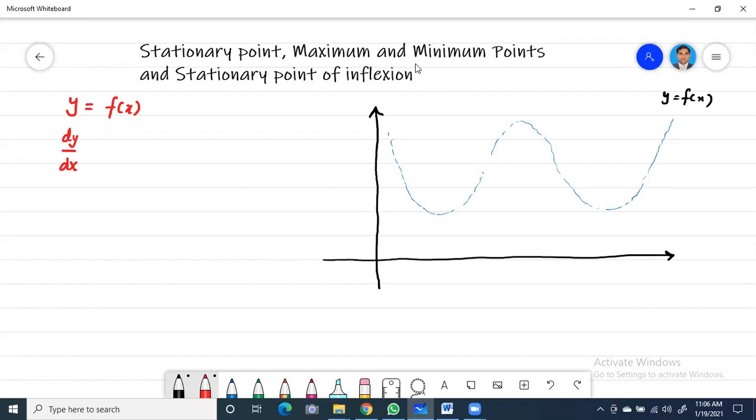Now, here we are describing this portion of the curve up to this turning point with a different color.